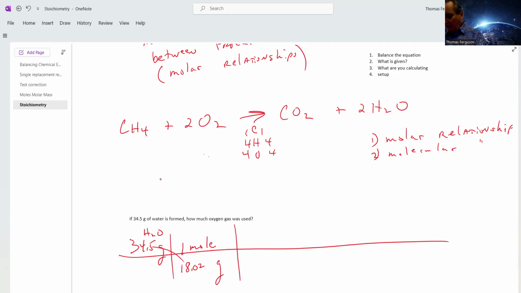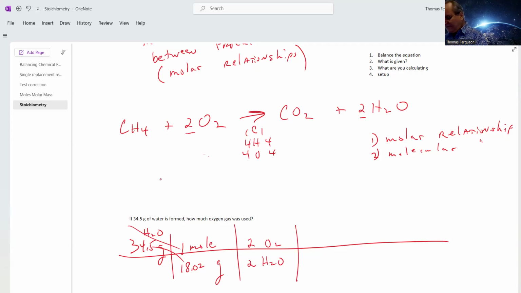So water has to cancel, and we're trying to calculate oxygen. So we look at the coefficients. Okay, it's 2 to 2. So this is why we balance equations, for that coefficient ratio.